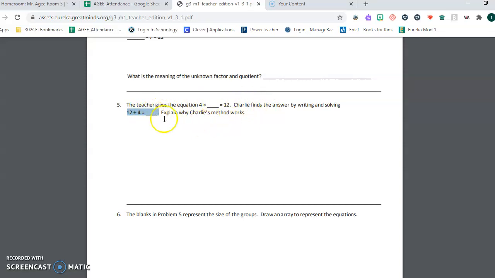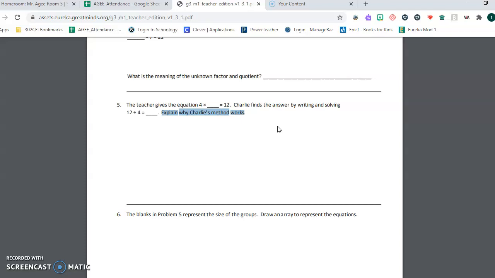I'm going to let you describe how Charlie's method works on your own, using your own words. This is one of the hardest things to do in math, explaining your reasoning. It is a hard thing to do, especially for 7 and 8 and 9-year-old kids. It's something that takes a lot of practice. So might as well start now.